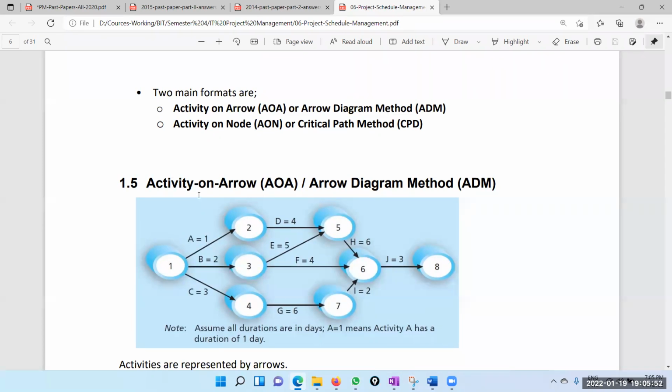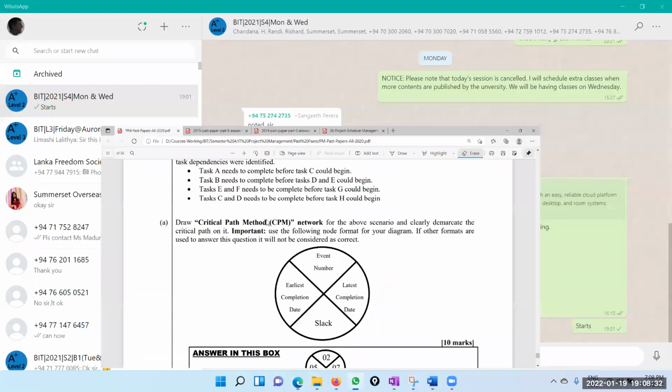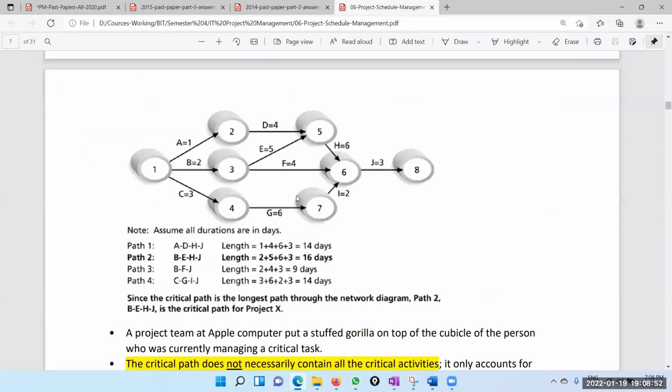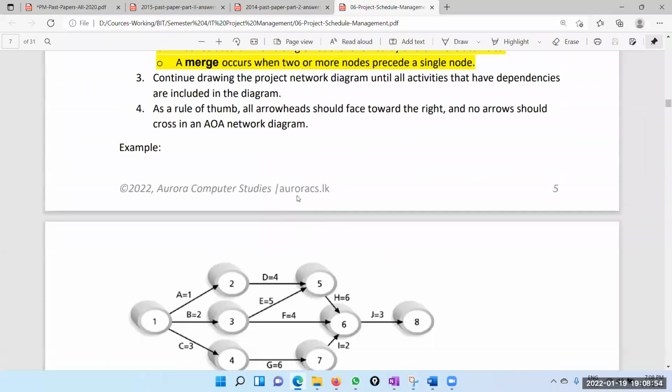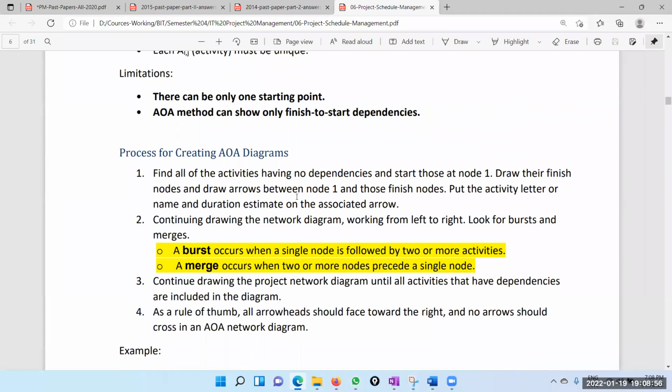We discussed one approach, activity on arrow. Today we are going to discuss activity on node. Last time, when we were discussing the activity on arrow approach, we found a limitation.